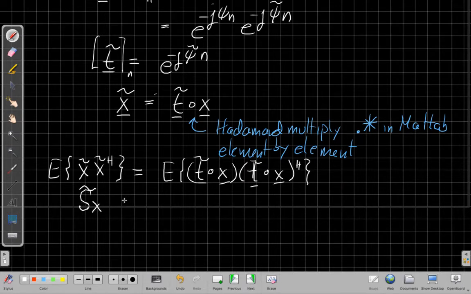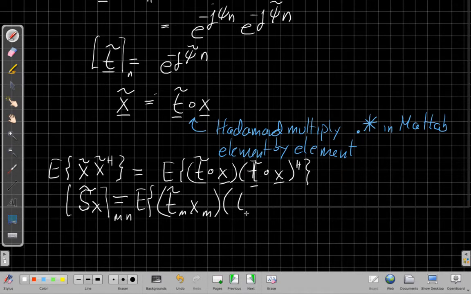So this sort of jittered version of the phase matrix, and I go look at the mnth element, I can use the properties of this to say, well, this would be T tilde m x sub m times, well, it still has the expected value out front, times, let's see, the column is n, so I get the column out of these ones. So I have T tilde of n times x of n.